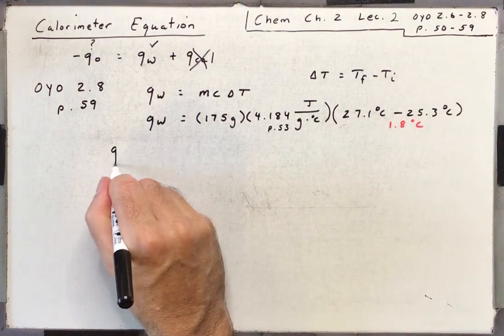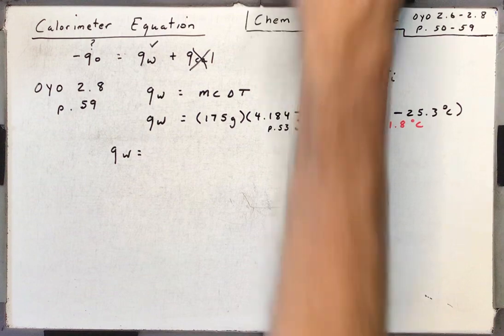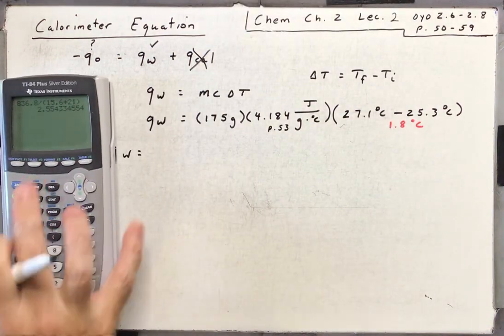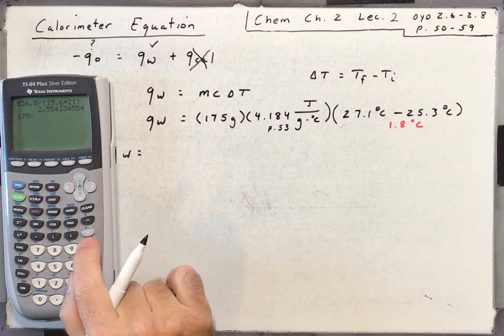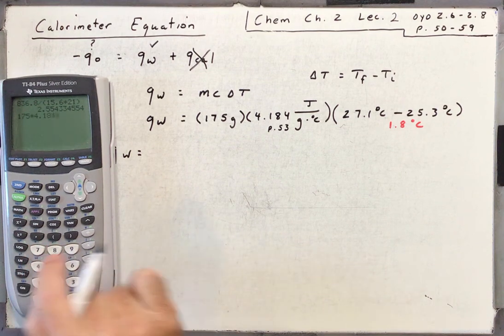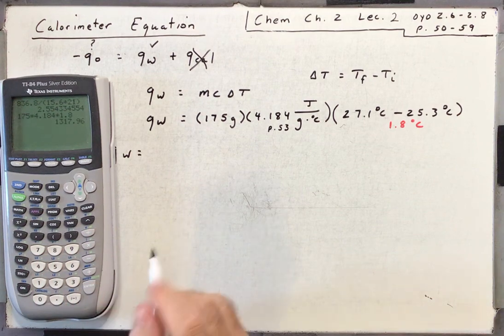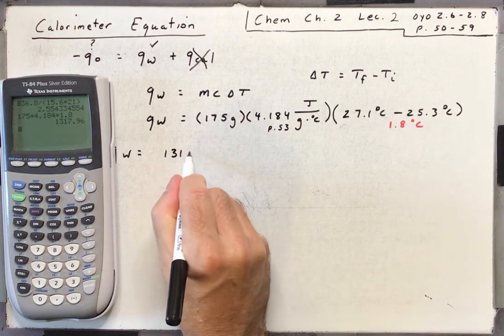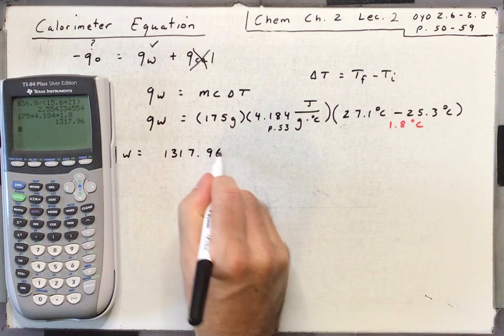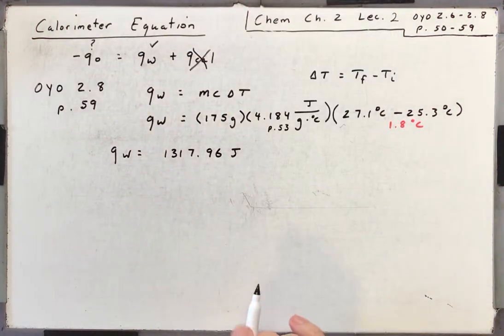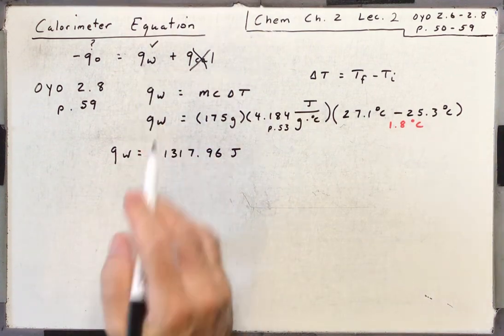So Q of the water, we're just going to multiply all this out, is 175 times 4.184 times 1.8. So that's 1,317.96 joules. Okay, so we're going to plug that in right here.